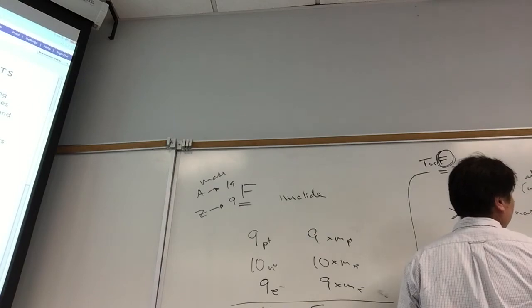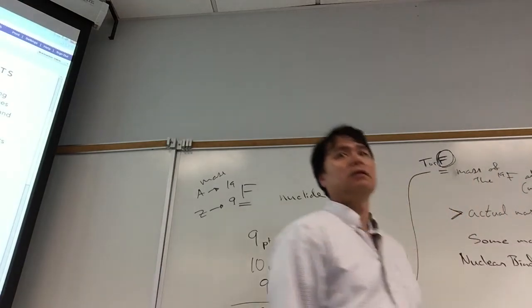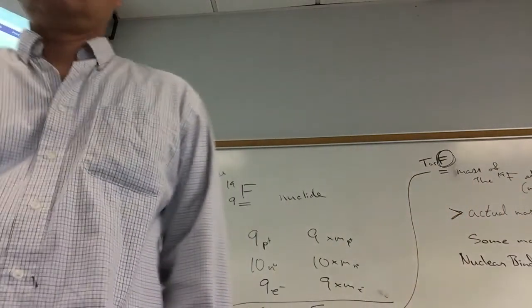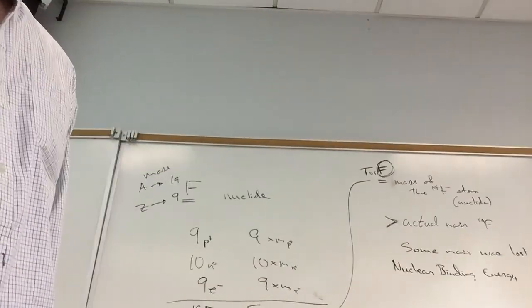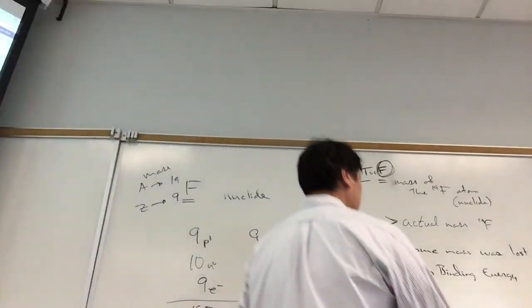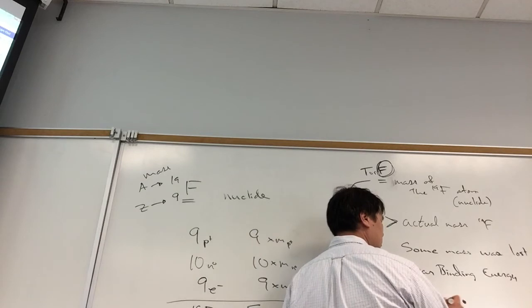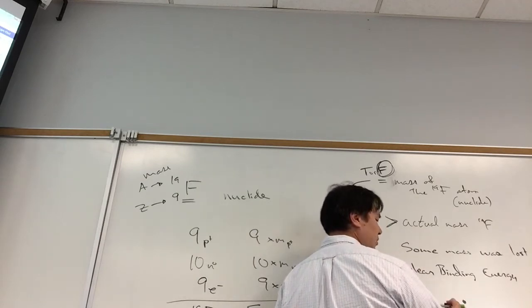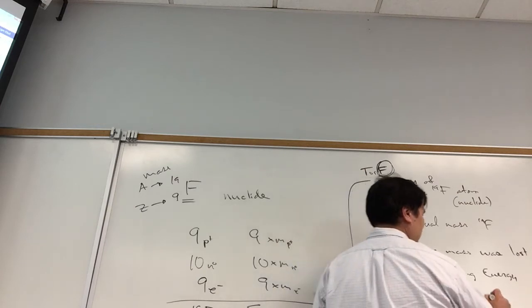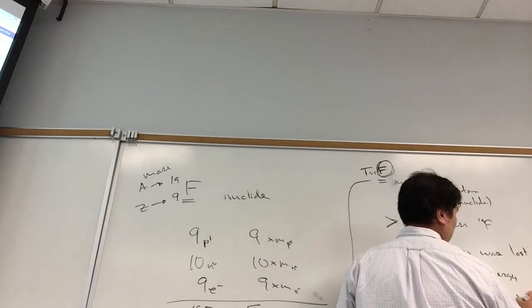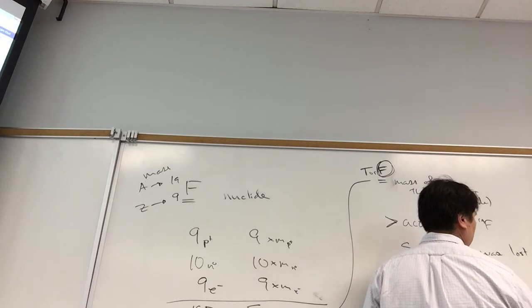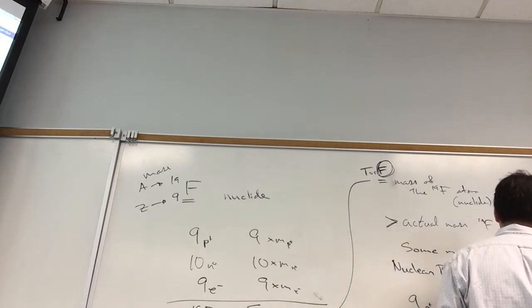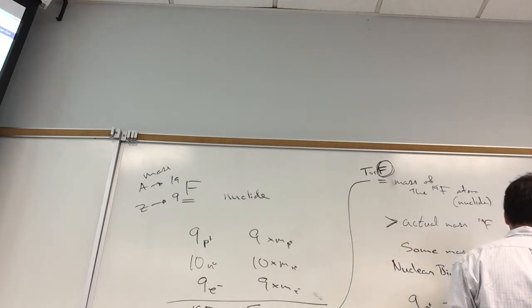Why do we need the nuclear binding energy? Yes. You have 9 protons in a tiny nucleus. 9 protons. What holds these together? I was told that neutrons have something.